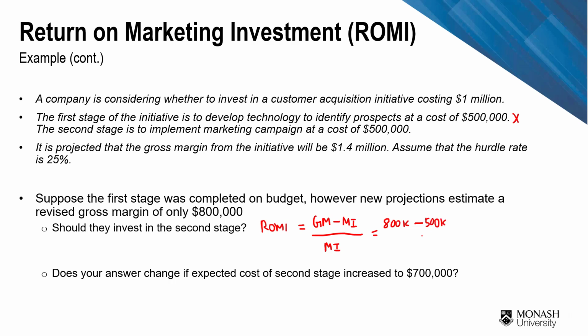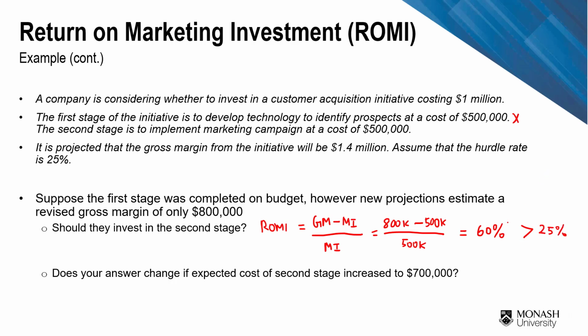Because we have completed the first stage already, right? If you already completed the first stage, it's by default like a sunk cost. You did that already, so you shouldn't take the first one into account, because regardless of whether you proceed or not, it's already done. So 800K minus the 500K, which is the initial cost of the second project, divided by 500K, gives you 60%, which is still higher than our hurdle rate of 25%.